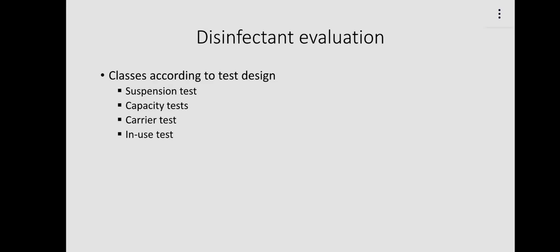And because the tests involve counting the viable microbes, then there is what is known as the criteria for determining the performance of the disinfectant. So they use what is known as a 5-5-5 testing principle.